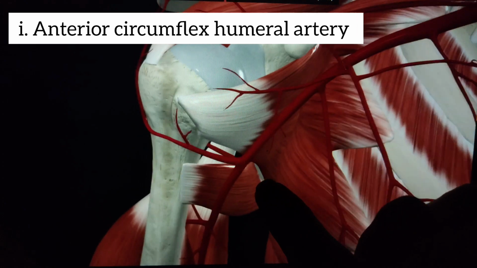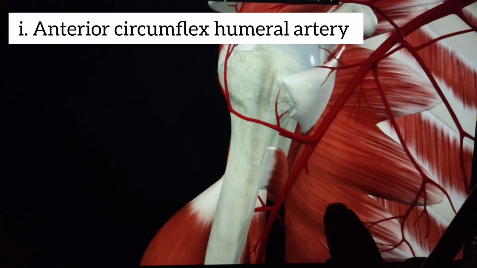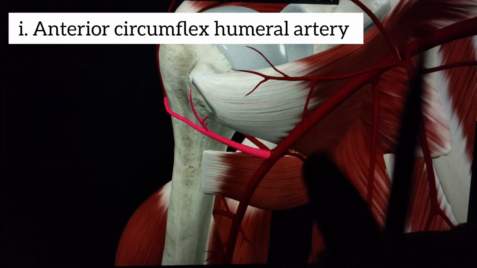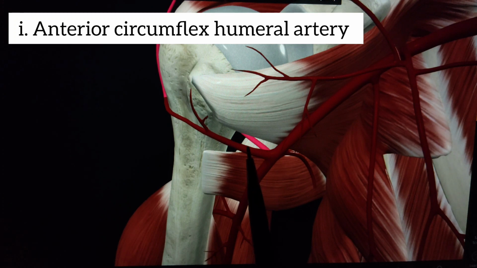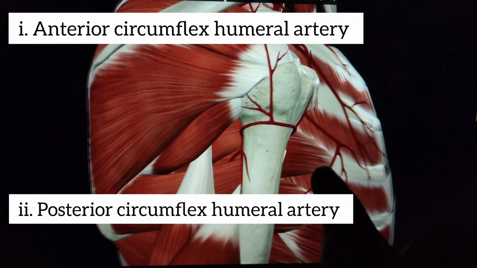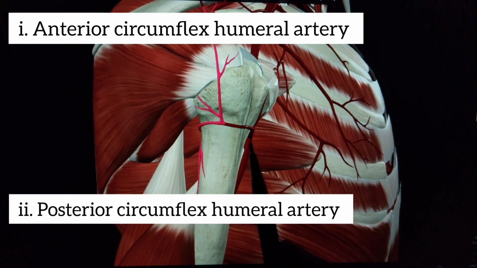It is called a circumflex artery because it wraps around the humerus bone. The artery located posterior to it is called the posterior circumflex humeral artery. This artery also wraps around the humerus bone, and they form an anastomosis around the head of the humerus bone.